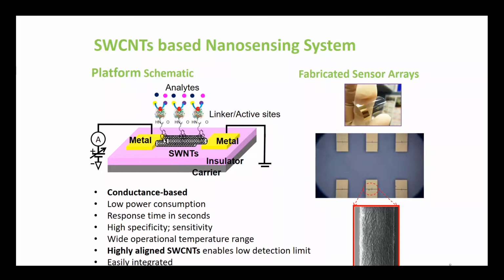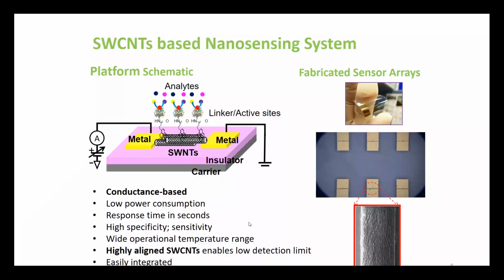So we immobilize our biorecognition element, antibody, or in the other case, probe DNA, on top of the carbon nanotube. We bind them on the carbon nanotube, and we make a conductance-based detection. The system itself has low power consumption, so it is portable. At this point, we haven't developed a portable product yet, but it is possible to make it portable.